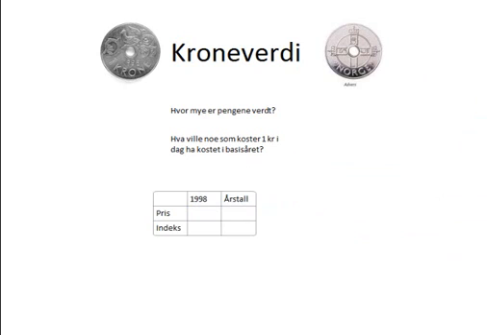I can show this in this table. I put in 1998, which is the base year, and I only write årstal, means year, on the side. And then we have price and index. So the price in 1998, the base year, that is kroneverdi.